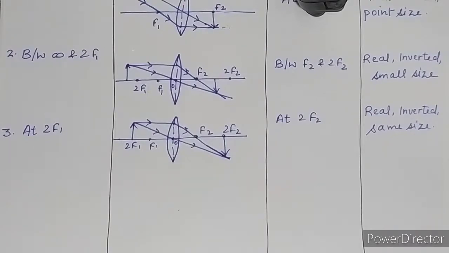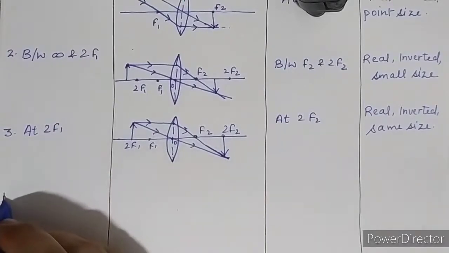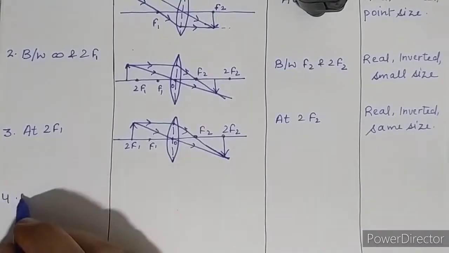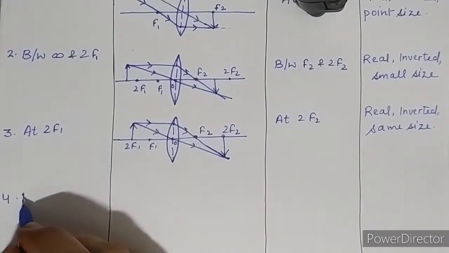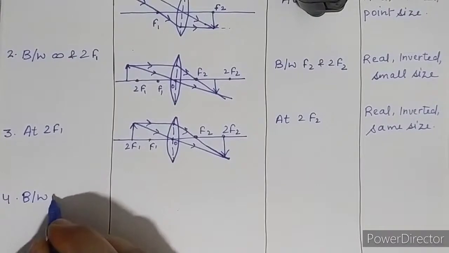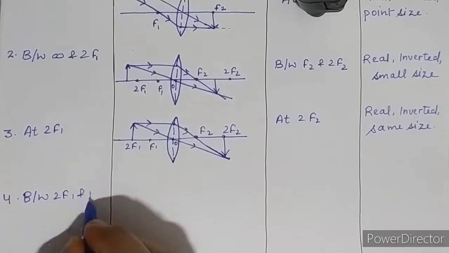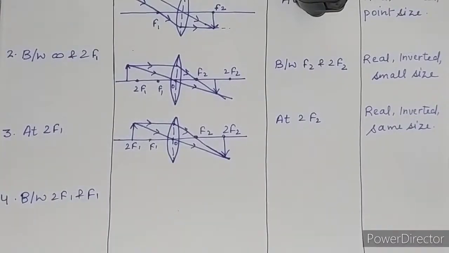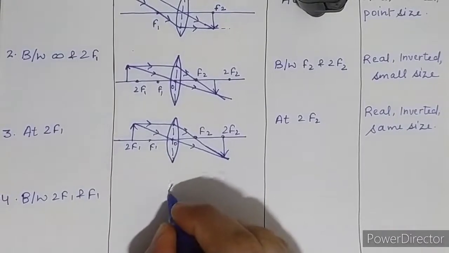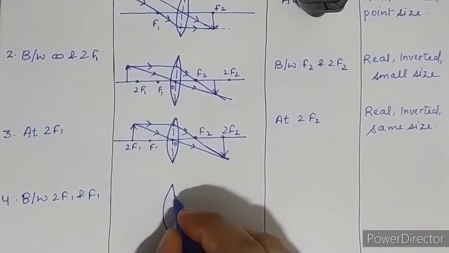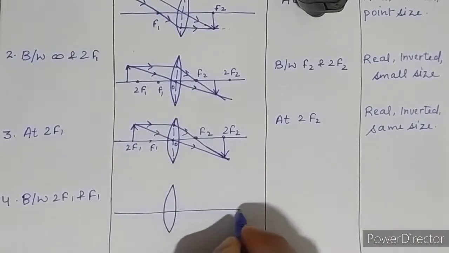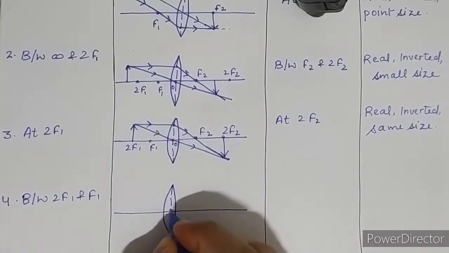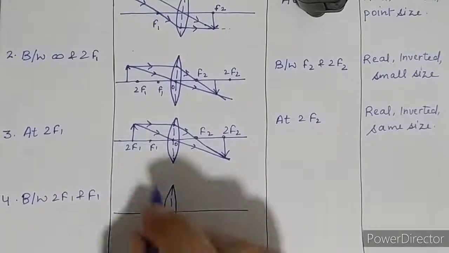Okay, now the fourth condition. Now the object is in between 2f1 and f1. So this will be your convex lens, principal axis, separation.